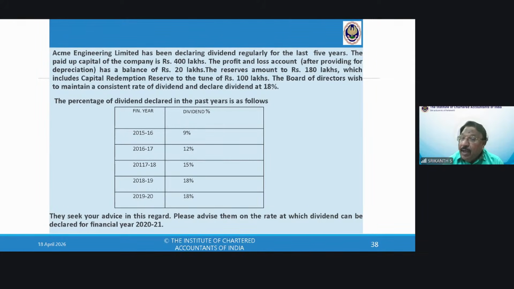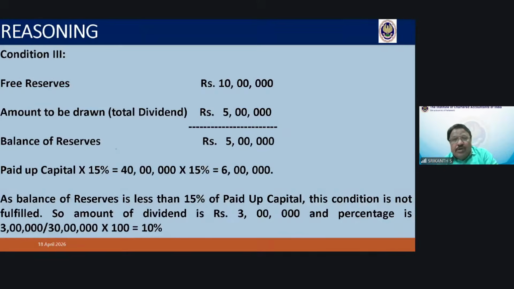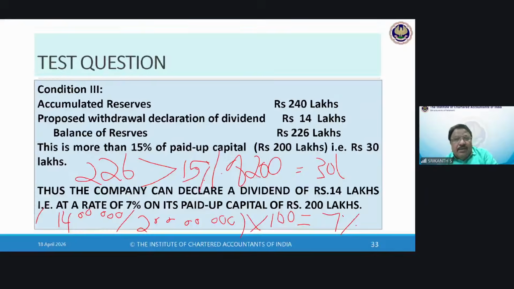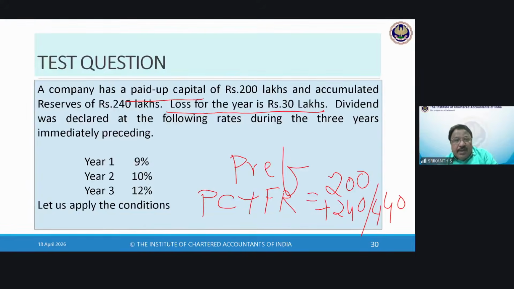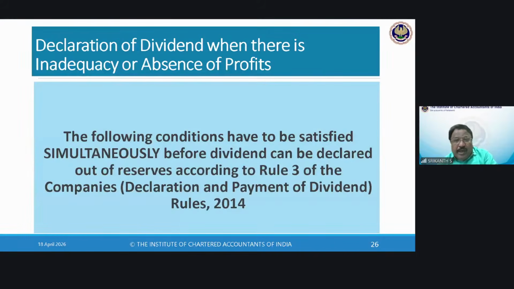So there is a P&L. Remember, P&L balance can be used directly. We don't have to apply these conditions. These are Rule 3 conditions. I call them Rule 3 conditions because they are contained in Rule 3 of the Companies (Declaration and Payment of Dividend) Rules.